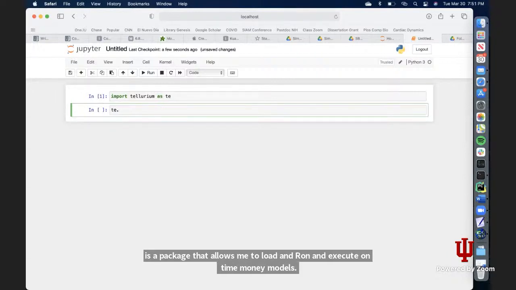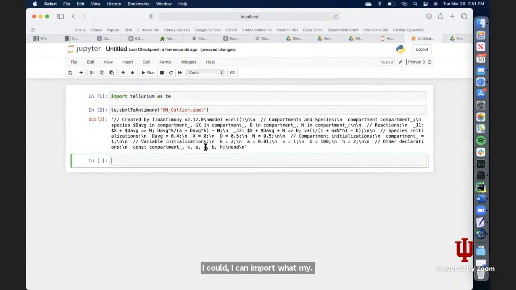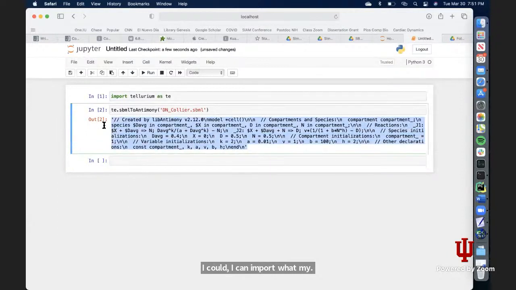Then, using the function SBML to Antimony, I can import my SBML, and Tellurium gives me an Antimony string version of the SBML model that we just saw.